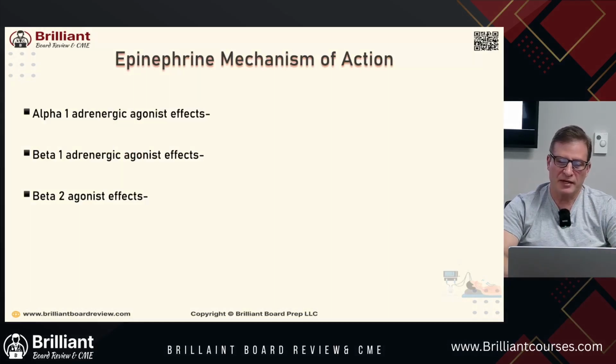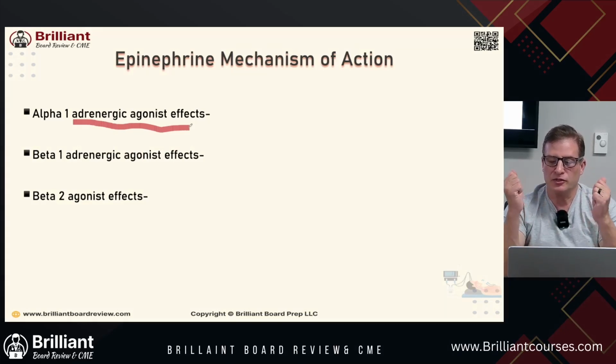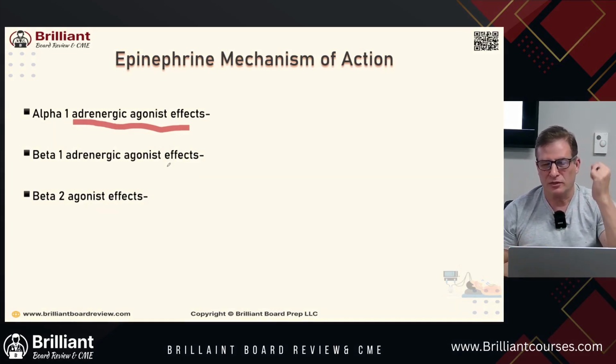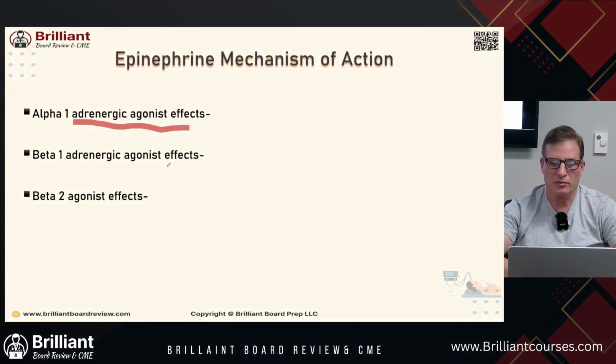Epinephrine, mechanism of action. It has alpha-1 adrenergic agonist effects, which increase vasoconstriction, increase peripheral vascular resistance, and decrease mucosal edema. Okay, that's super important right here. The beta-1 adrenergic effects increase inotropy and increase chronotropy, so the speed and the strength of the heart are increased.